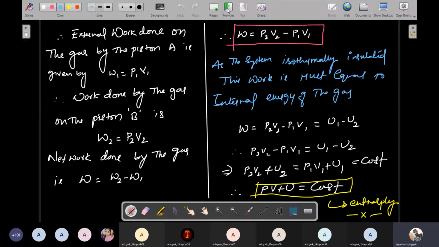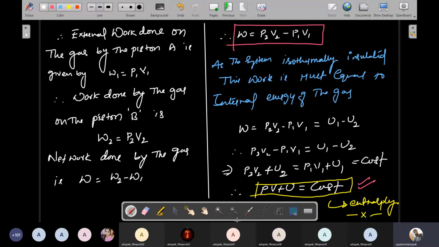So now we get this enthalpy equation: PV plus U is equal to constant. I stopped at this equation in the previous class. Understand?